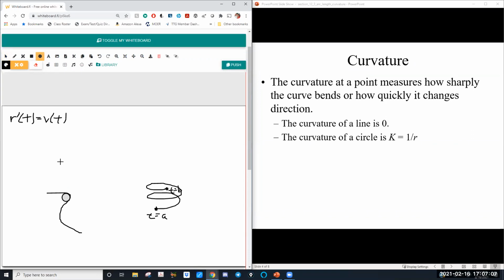Well, contrast that with putting a circle on this curve, right? We can see that the circle would be much larger and have a much larger radius. So that's why we have that reciprocal relationship between curvature and the radius. The radius is referring to a circle that, if drawn along the curvature, what its radius would be.